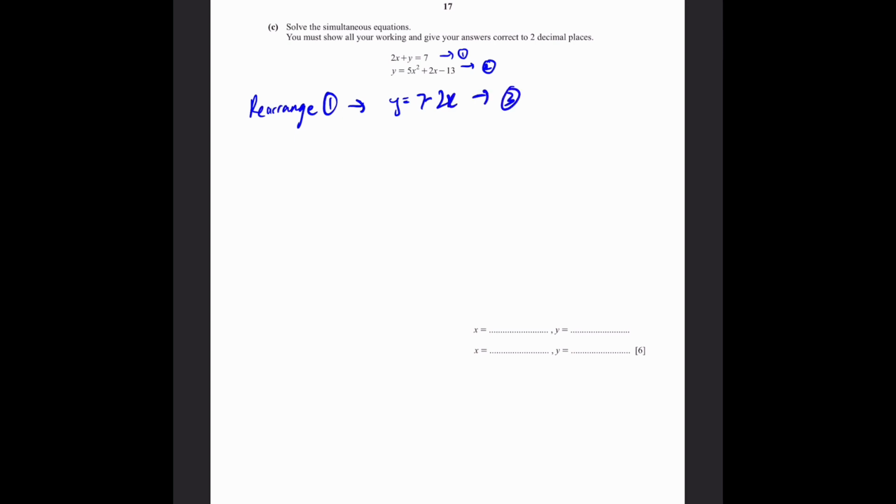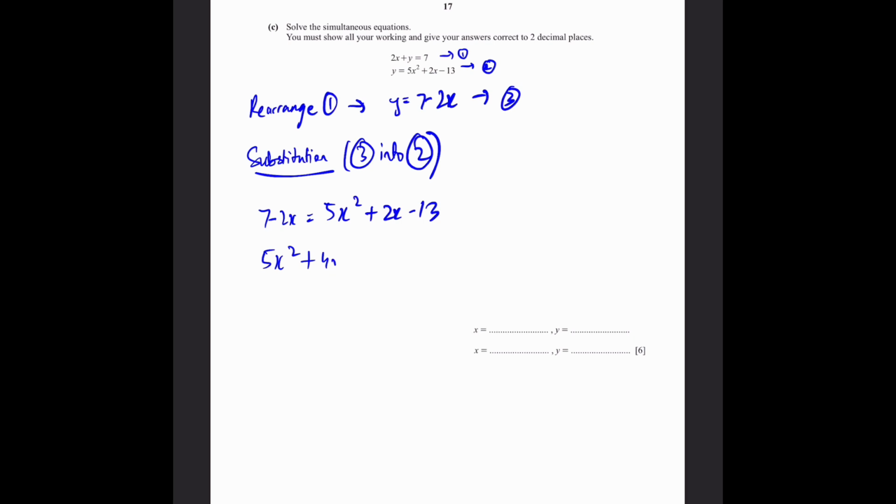So now let's use the substitution method of 3 into 2 to get 7 minus 2x equals 5x squared plus 2x minus 13. So 5x squared plus 4x minus 20 equals 0.